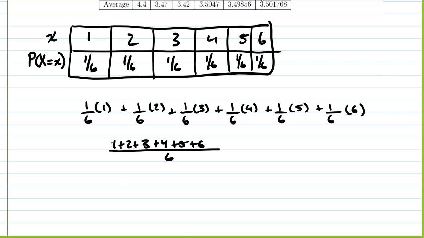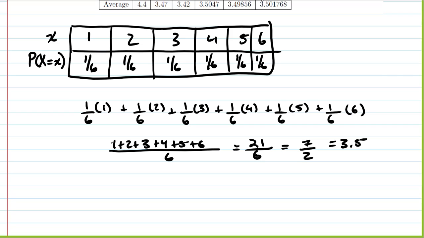We add those up, and we get 21 divided by 6, which, since each of those are divisible by 3, turns into 7 over 2, which is exactly 3.5.